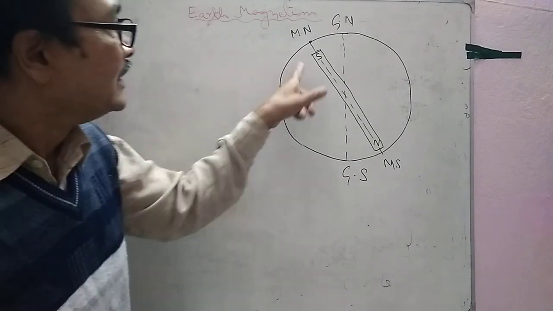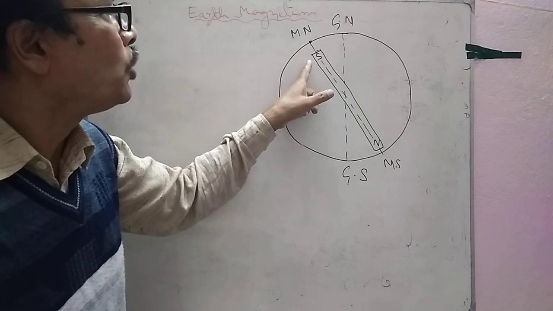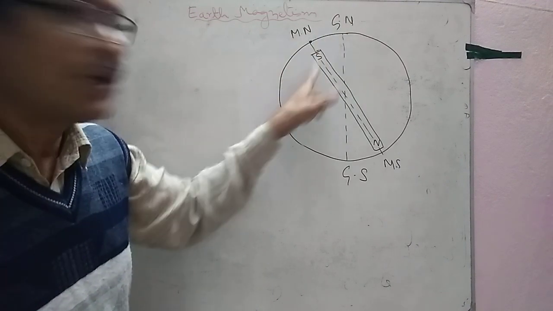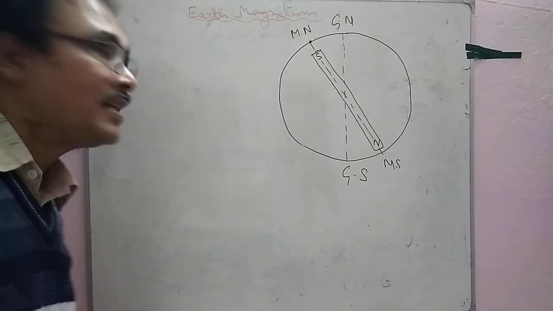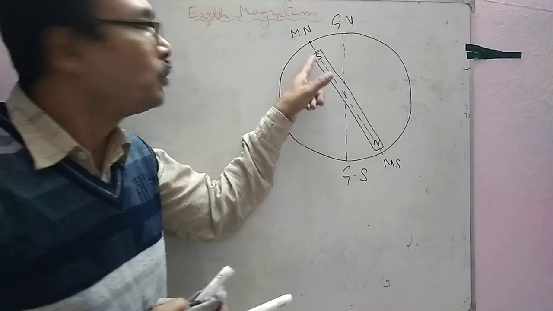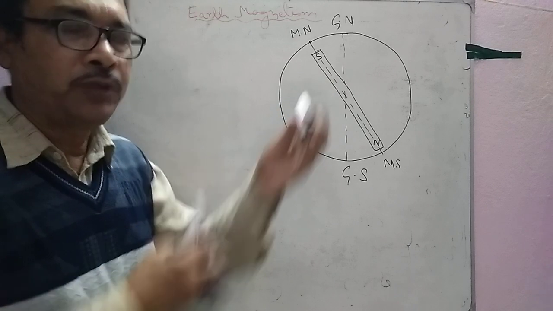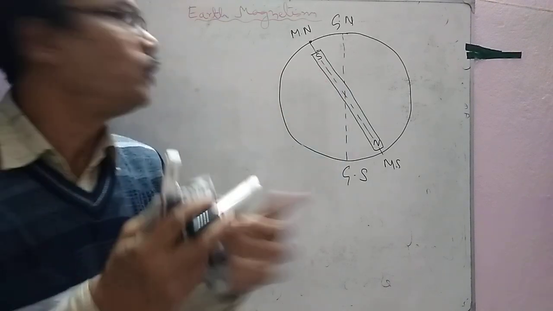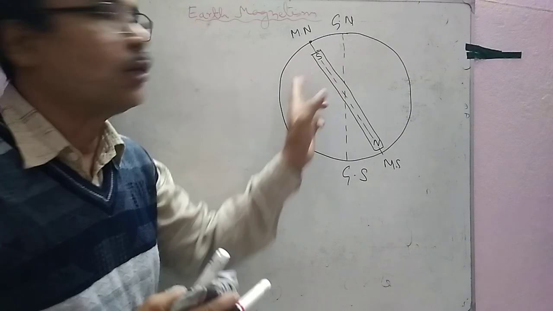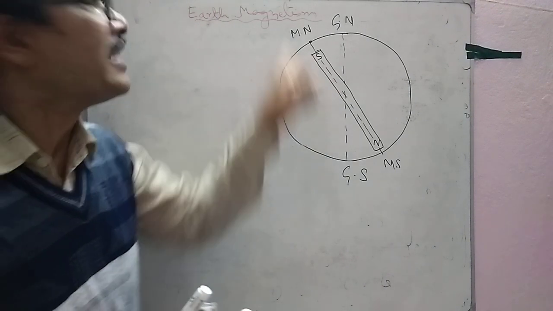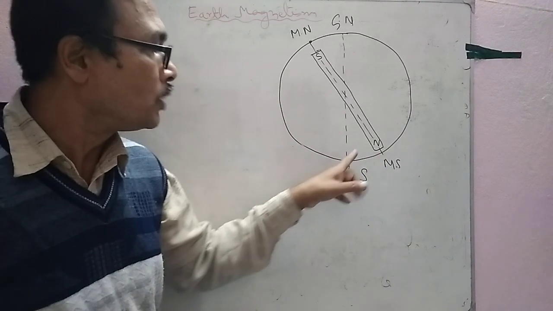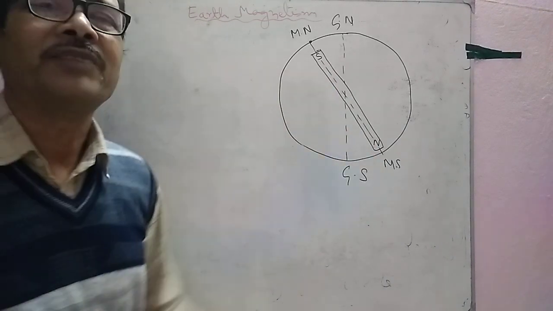Because the south pole of the hidden magnet is towards the geographical north, so due to magnetic attraction, this south pole will attract the north pole of the bar magnet. So the north pole of the bar magnet will indicate the north side, and the south pole of the bar magnet will be attracted by the north pole of the hidden magnet.